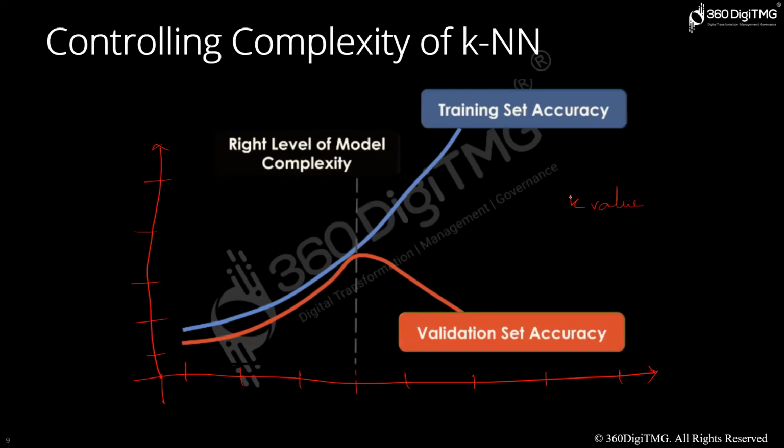So hyperparameter is that option in the algorithm which can change the data. And change in hyperparameter will result in the change of accuracy. So what we do here is we keep changing the hyperparameter. That means we keep on calculating the training accuracy and test accuracy.